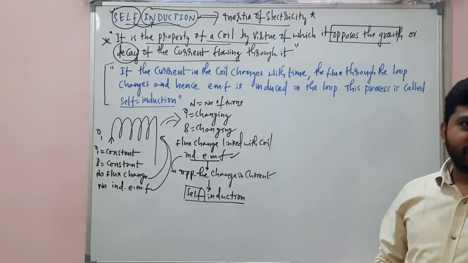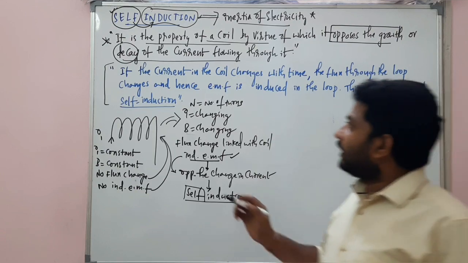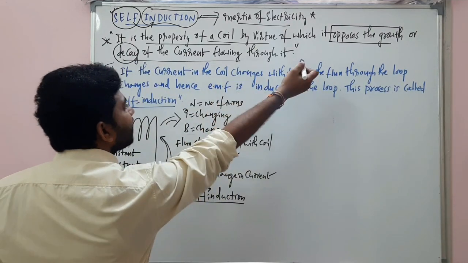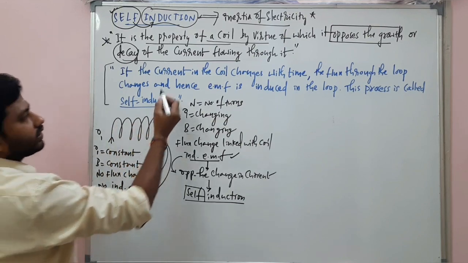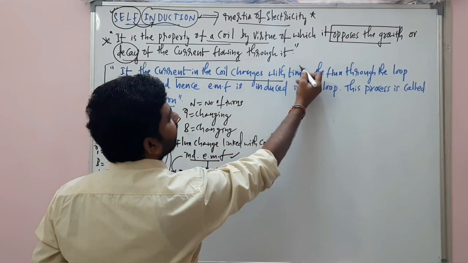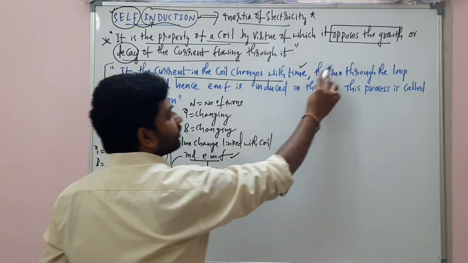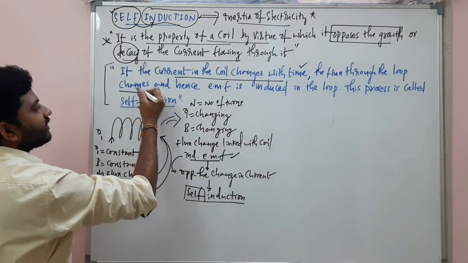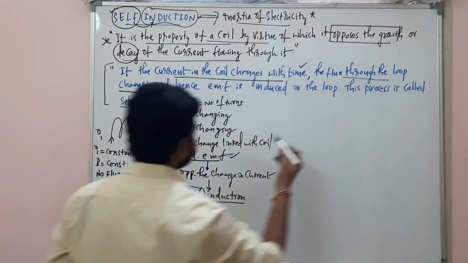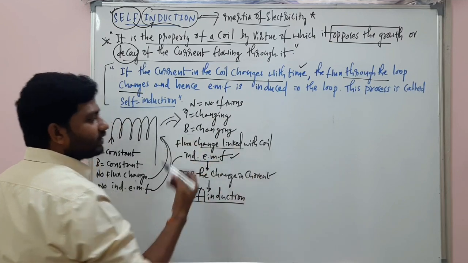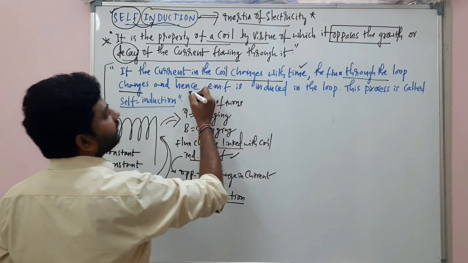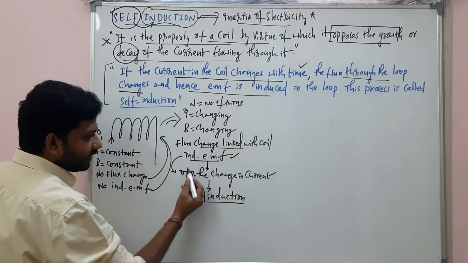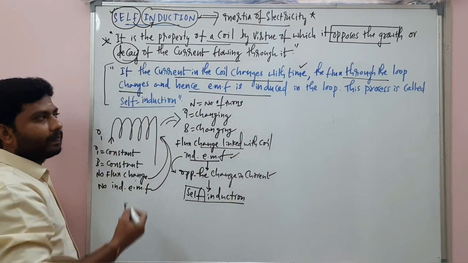Now read the definition in the blue color. If the current in the coil changes with time, the flux through the loop changes. Yes, the magnetic flux linked with the coil changes. Hence, the induced EMF is produced.